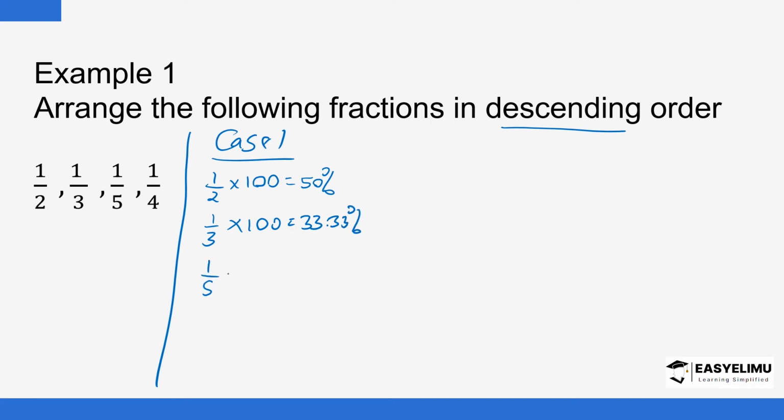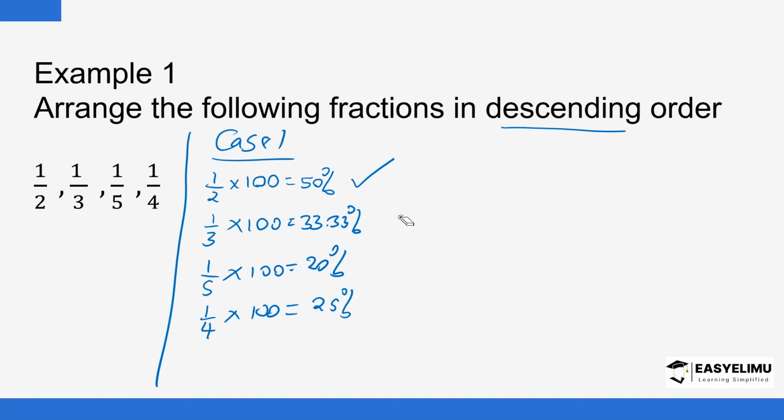If you have 1 over 5 multiplied by 100, this is going to be 20%. And finally, if you have a quarter multiplied by 100, that is going to be 25%. So you check the percentages. The one that is representing the greatest percentage becomes the greatest fraction. Like this one here is the greatest, followed by this and then this.